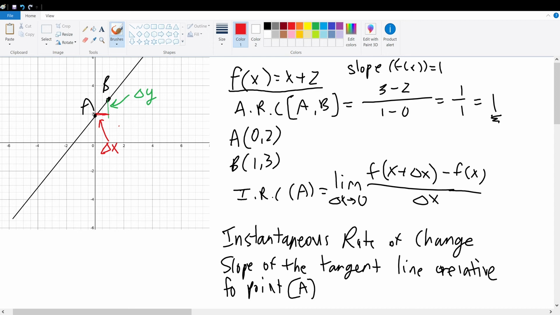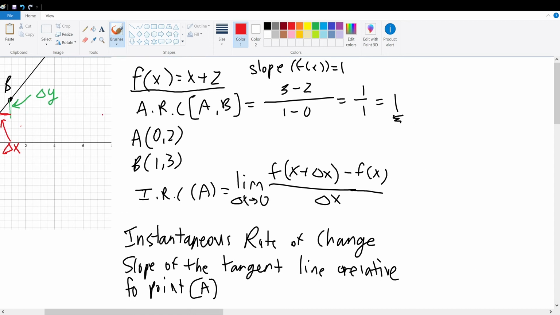Subtracted by f of x, which will simply be our point A, divided by delta x, which is our change in x. Because when our change in x between points A and B gets infinitely small, it will become the slope of the tangent line of point A.